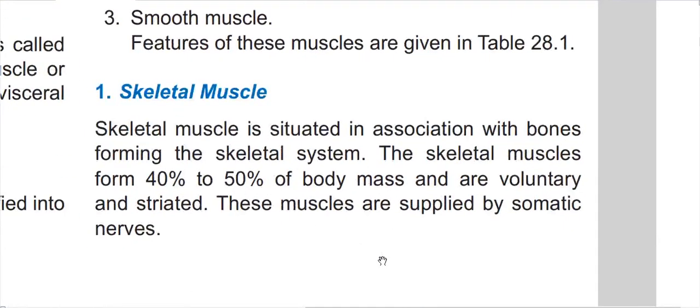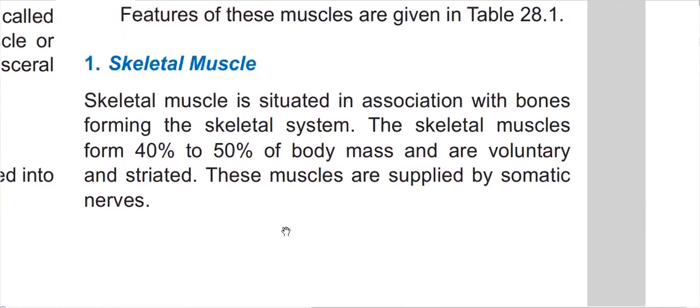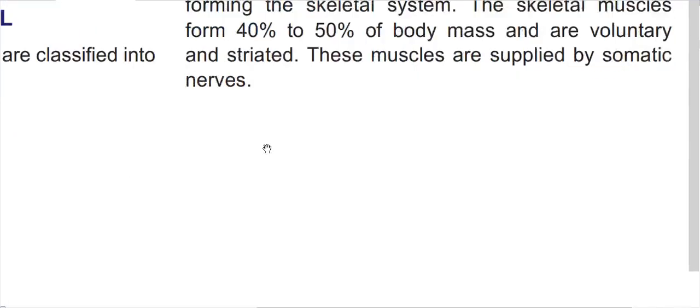Let's discuss in brief about skeletal muscle. The muscle is situated in association with the bones forming the skeletal system. Skeletal muscle forms about 40 to 50% of body mass, and is voluntary and striated. Voluntary means they are in our control. They contract or relax by our will. These muscles are supplied by the somatic nervous system.